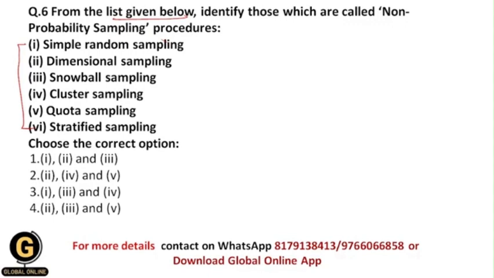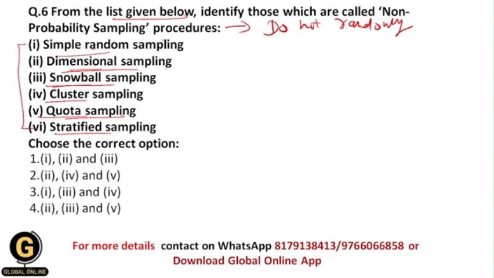But in non-probability sampling procedures, we do not randomly select the participants, okay. So here are the different sampling procedures: simple random sampling, dimensional sampling, snowball sampling, cluster sampling, quota sampling, stratified sampling. From these, dimensional sampling, snowball sampling and quota sampling are the non-probability sampling procedures, okay.